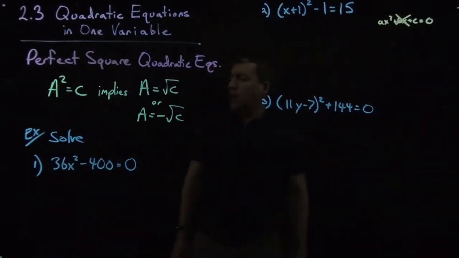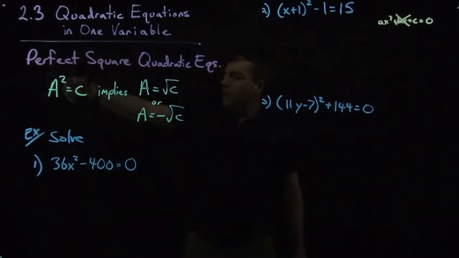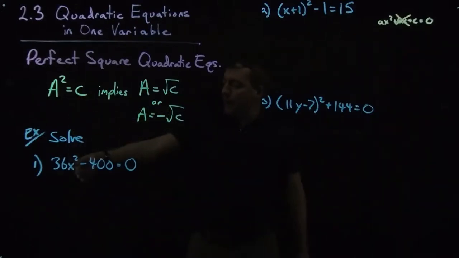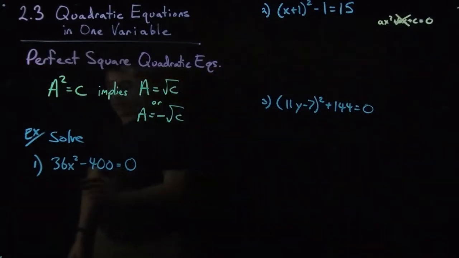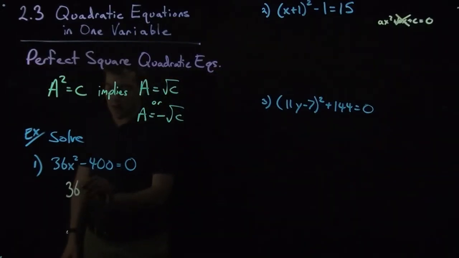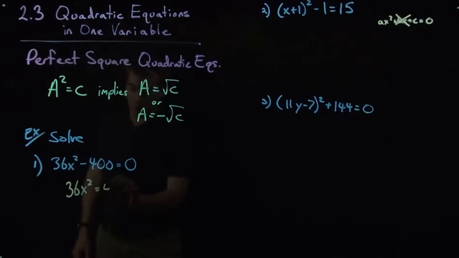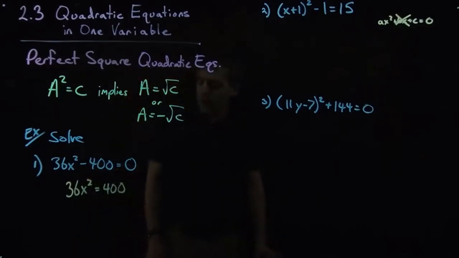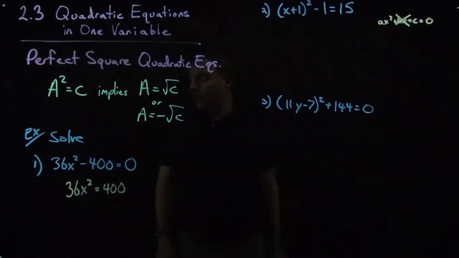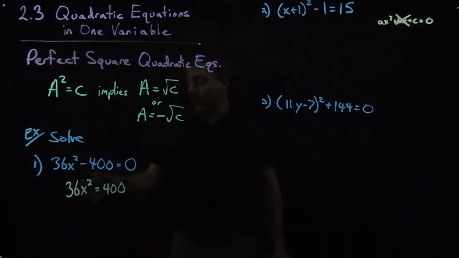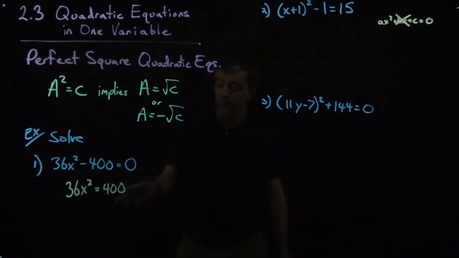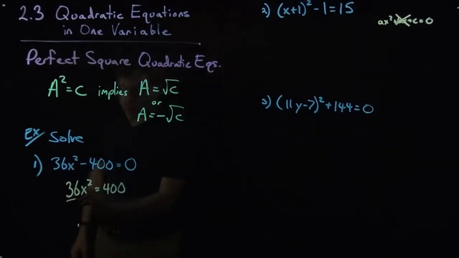All right. We can take advantage of this perfect square property by moving this 400 to the other side. So we have 36x squared equals 400. All right, and now we have an algebraic expression equal to some number, and we can then take the, well, actually, let's divide by 36 first.